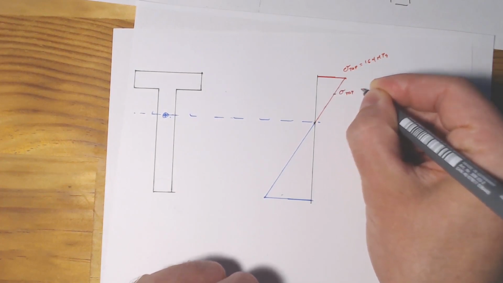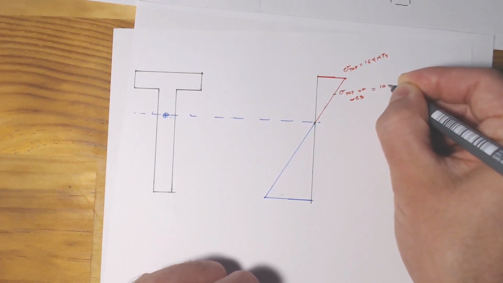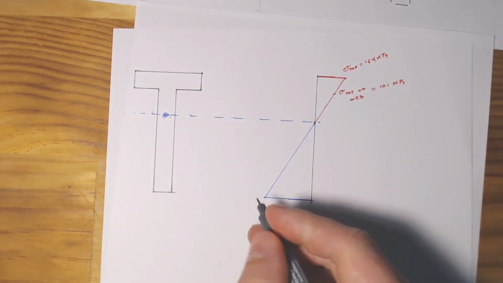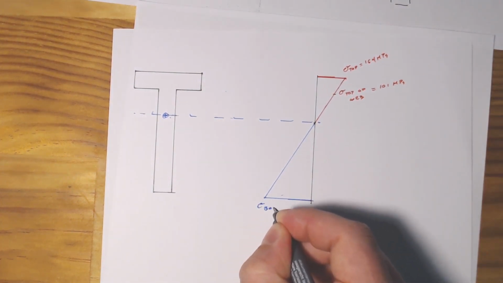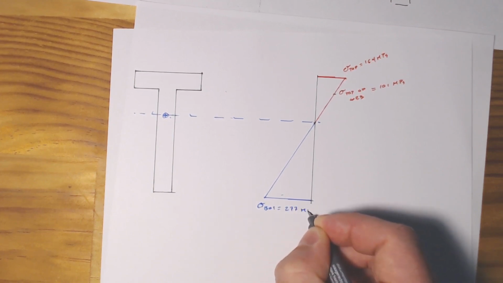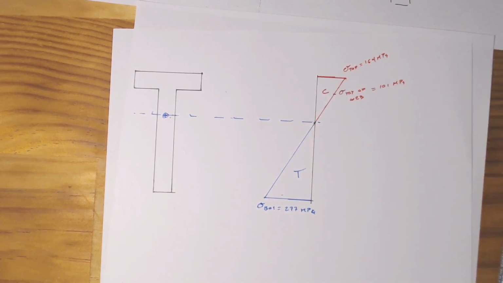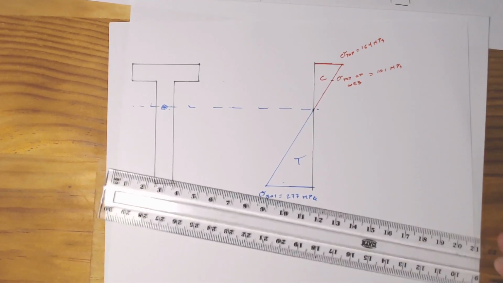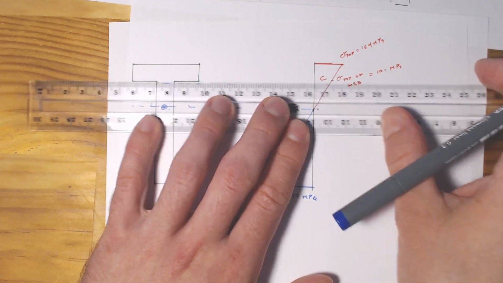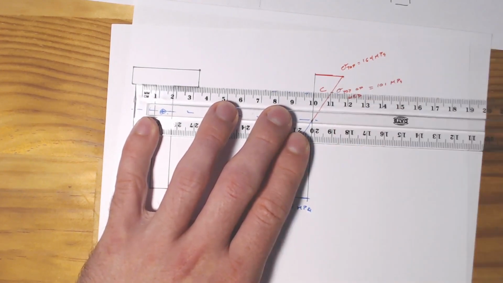And if we come right here, sigma top of web will equal 101 MPa, and sigma bottom equals 277 MPa. This is in tension, and this part is in compression. So that's it right there. That's just kind of all there is to it. If we look starting at 10 for our scale, it's actually about spot on, 101.